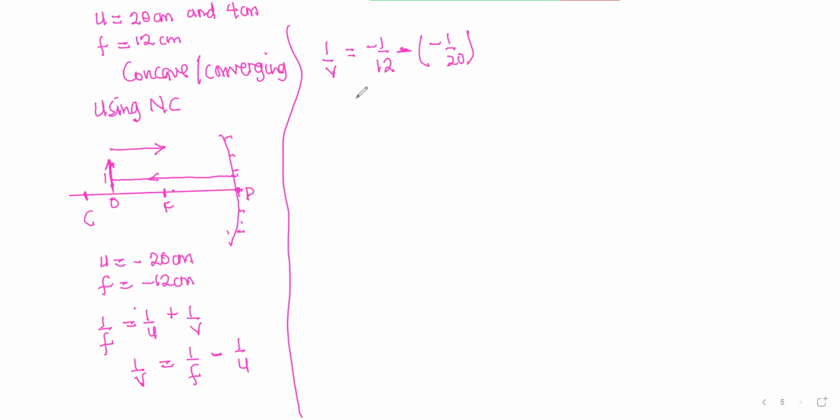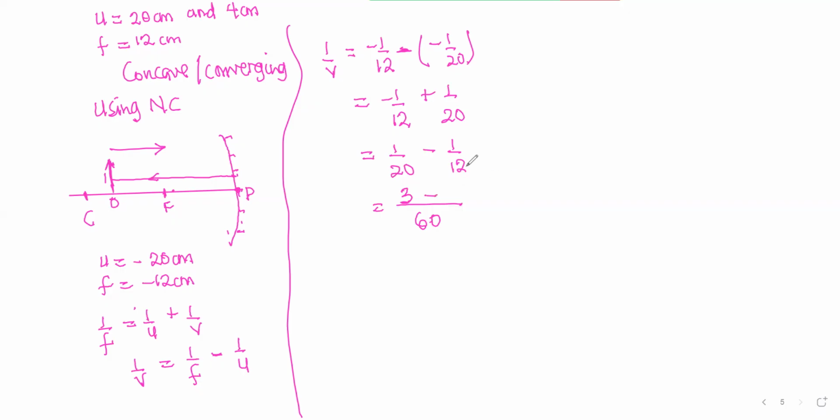Okay, so we have negative 1/12 plus 1/20, or 1/20 minus 1/12. The value is the same. So LCM 60. 20 goes into 60 3 times, this is 3.